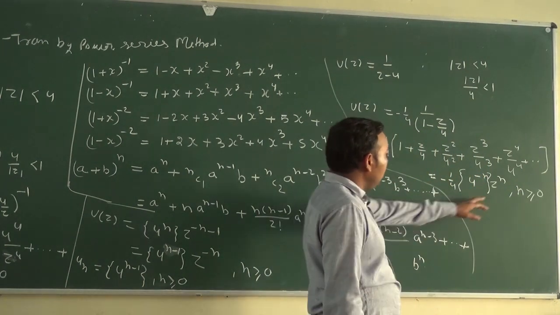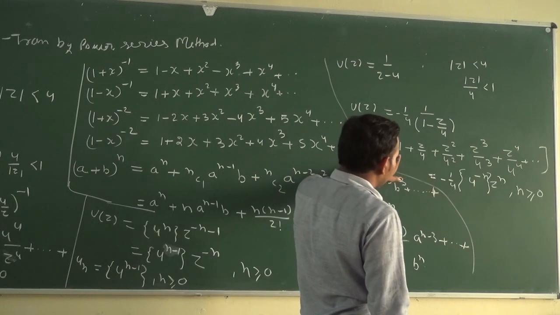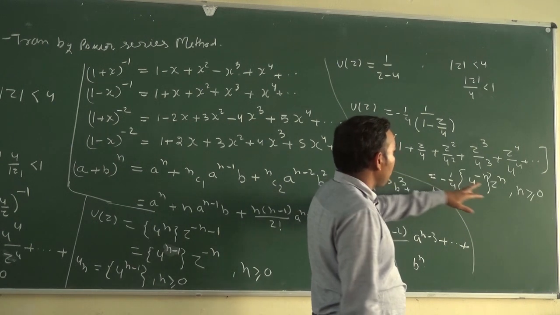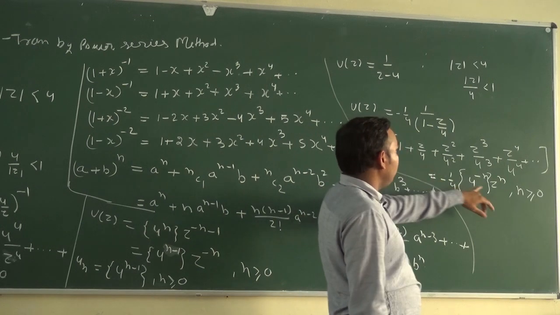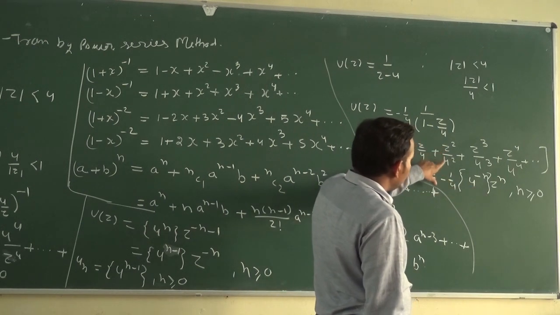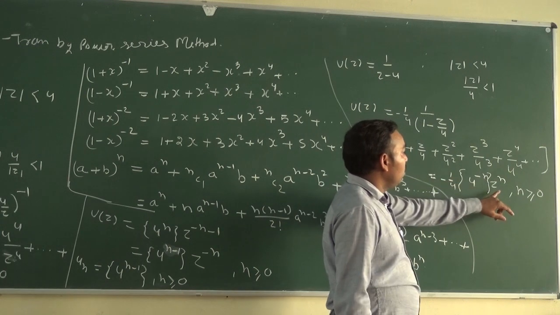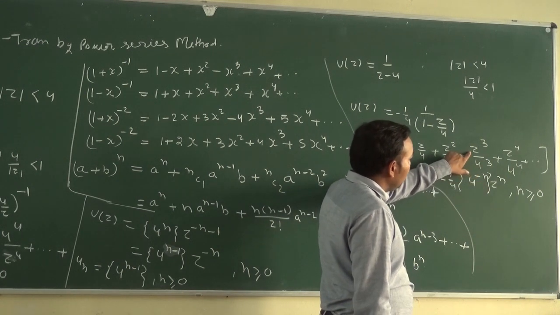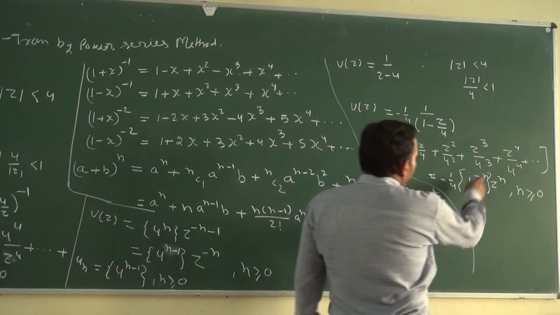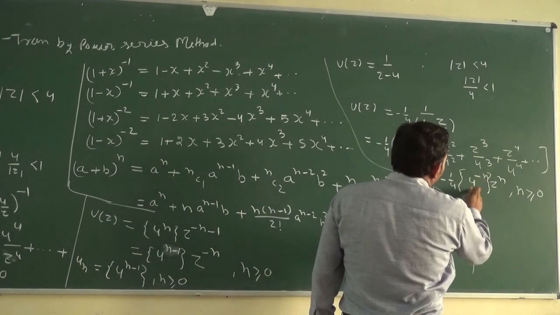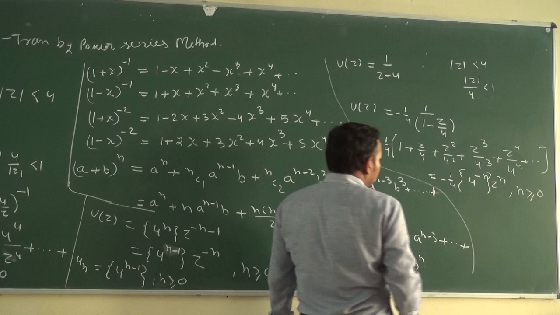So you see here, for n equal to 0, that is 1; for n equal to 1, z upon 4; for n equal to 2, z square upon 4 square; for n equal to 3, z cube upon 4 cube.